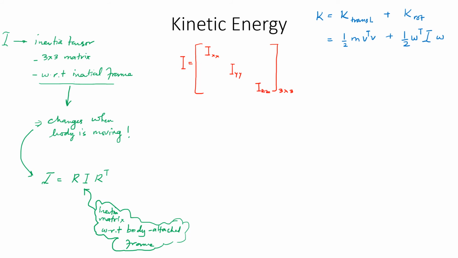And then on the upper right triangle you're going to have Ixy, Ixz, and Iyz, and similarly for the lower left triangle you're going to have Iyx, Izx, and Izy. So these on the upper and lower triangles are going to be your product moments of inertia. Let me write that one down.